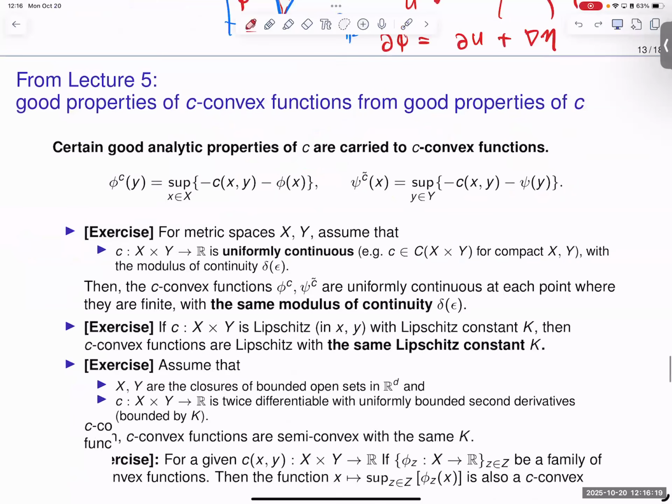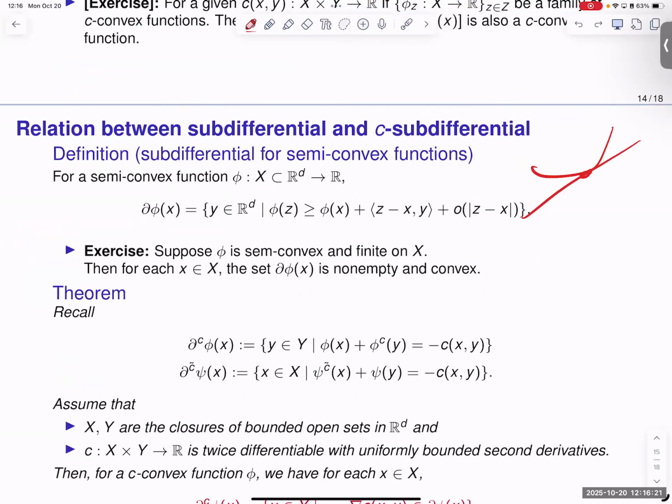Maybe a clearer example would be something like this.